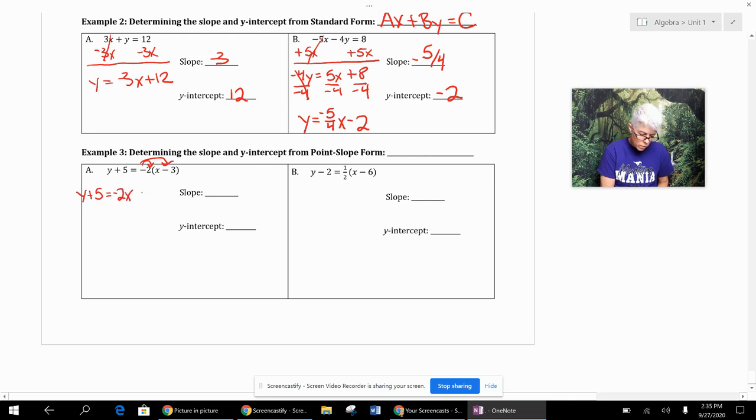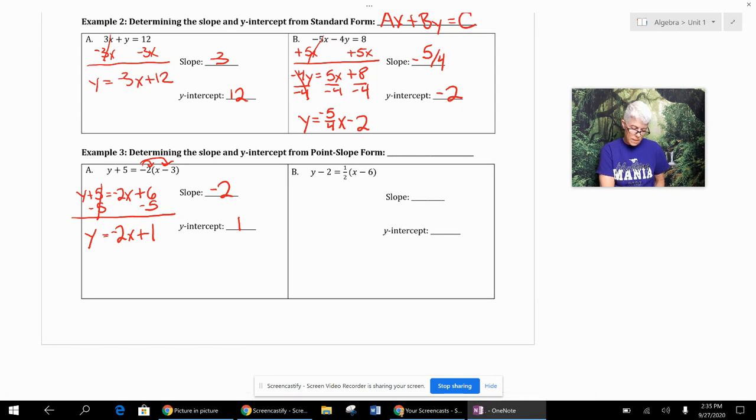A negative 2 times a negative 3 is a positive 6. Now I'm going to move this 5 over, again trying to get that y by itself, equals negative 2x plus 1. Now I'm in slope-intercept form. Slope is negative 2. The y-intercept is 1. So far, this hasn't been that bad at all.